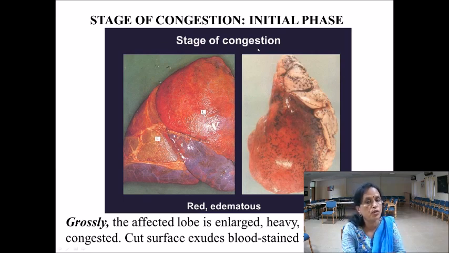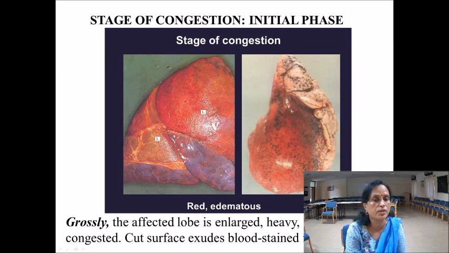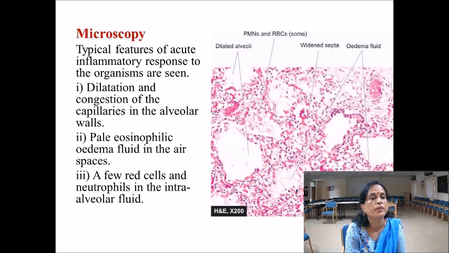And what comes out when we cut? The same thing I told you. It exudes blood-stained, frothy fluid. At this stage, the patient may complain of chest pain also. Pleurisy, we say, the surface, pleural inflammation. And he complains of coughing, rusty sputum also.